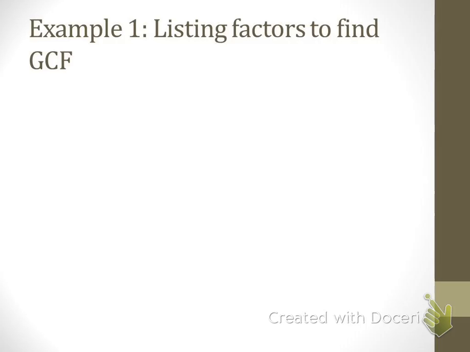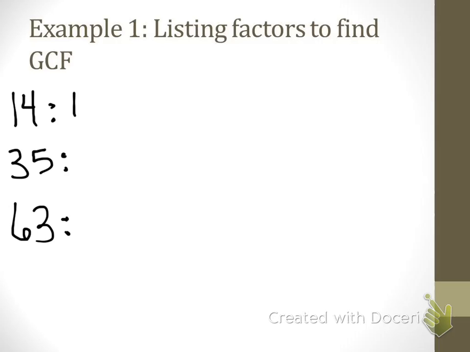So if I asked you to find the GCF of 14, 35, and 63 by listing the factors of each number, you would start off by listing them vertically. You will always start off with the factor 1. I want you to try to list out the rest of the factors.